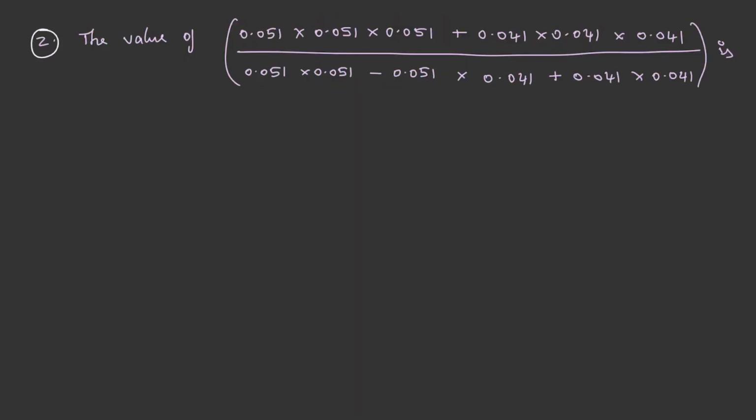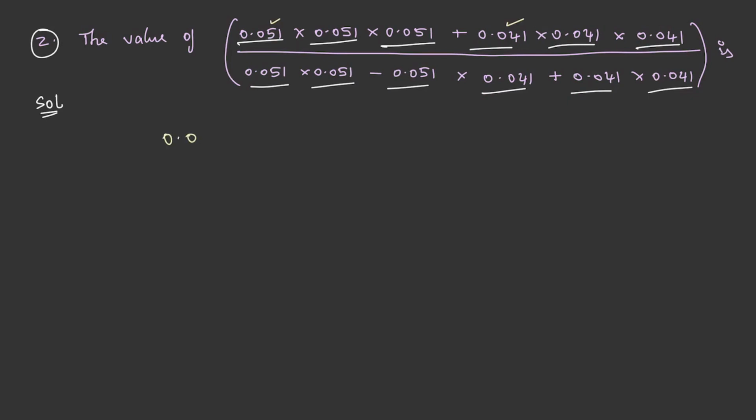Let's solve another question. The value of 0.051 into 0.051 into 0.051 plus 0.041 into 0.041 into 0.041 by 0.051 into 0.051 minus 0.051 into 0.041 plus 0.041 into 0.041. Let's make it short.